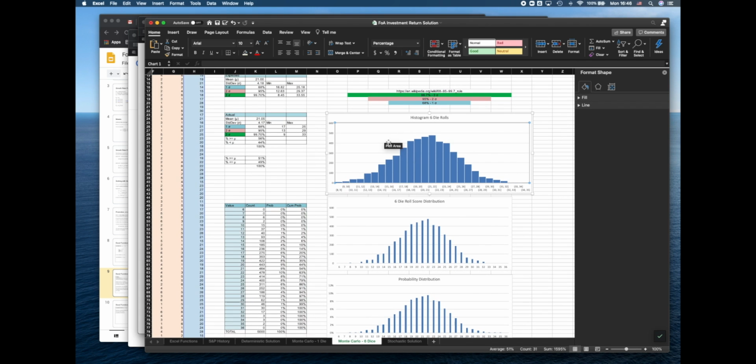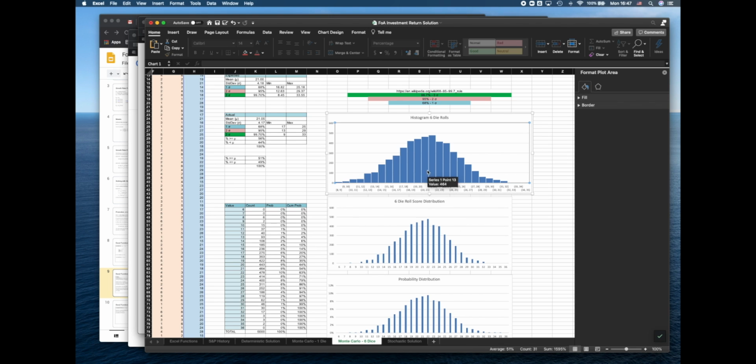The first thing I did is plot a histogram of these values right here. You can see we got roughly 490, 478 points of 21, and if you come over here, you can see it of 22.